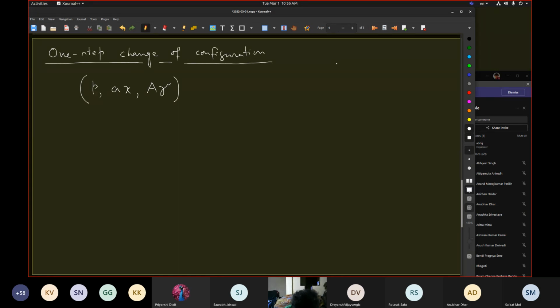Okay. And the machine has a transition of the form P, A, go to state Q, and replace that A by, let's say, beta.